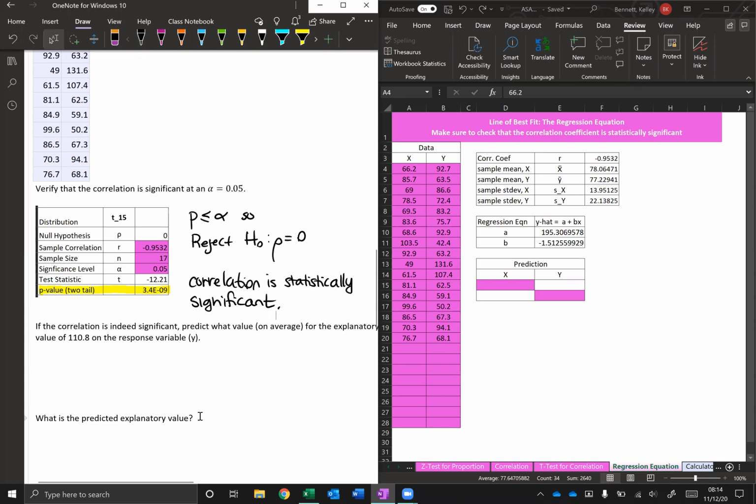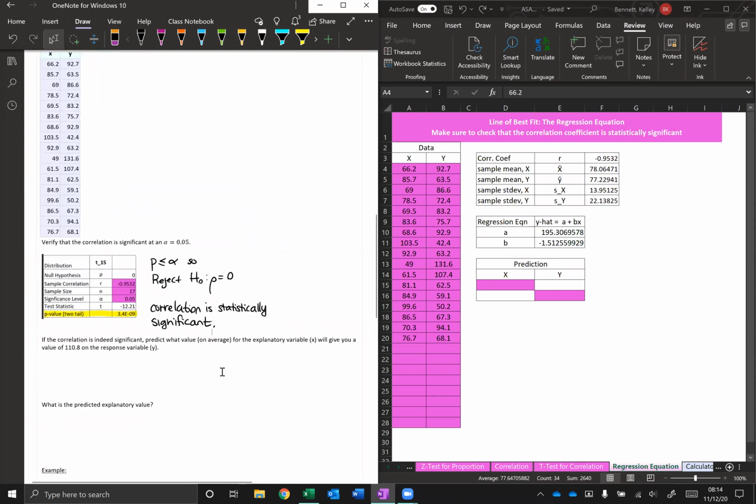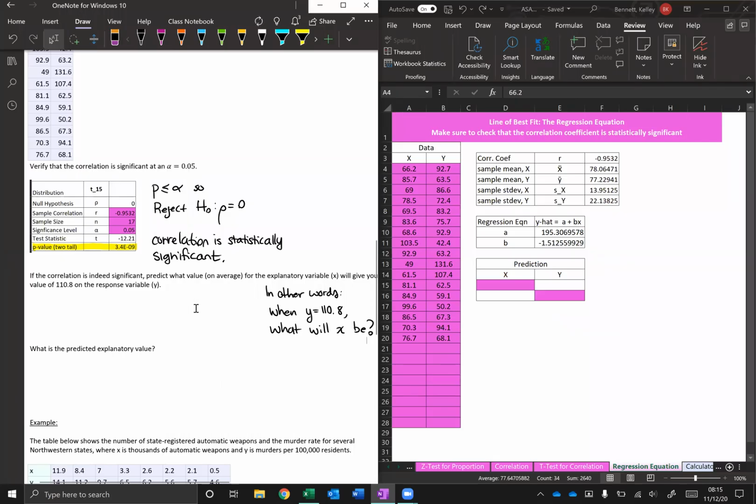All right, so now we're on to the part where, since the correlation is significant, predict what value on average for the explanatory variable x will give you a value of 110.8 in the response variable y. So this is saying when y is 110.8, what will x be? The way that we're going to do that is we're going to go over to our prediction box.